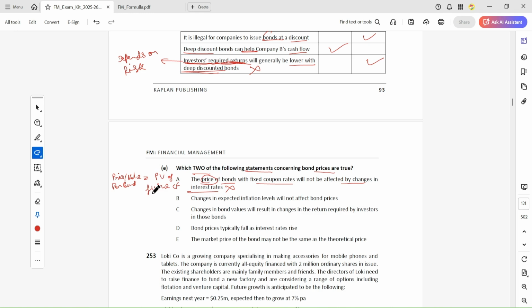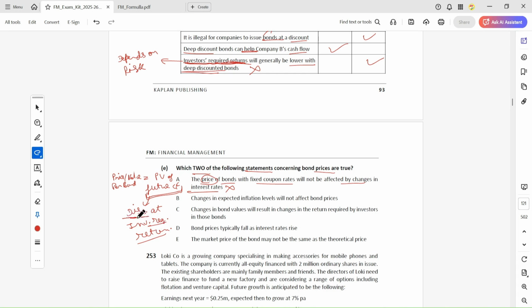This future cash flow is discounted at the investor required return, so we get the present value, and this present value is the value of the bond.